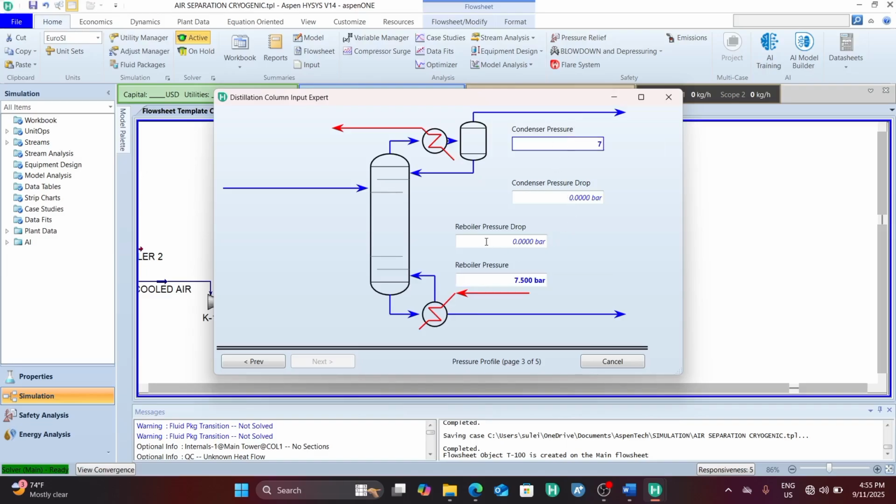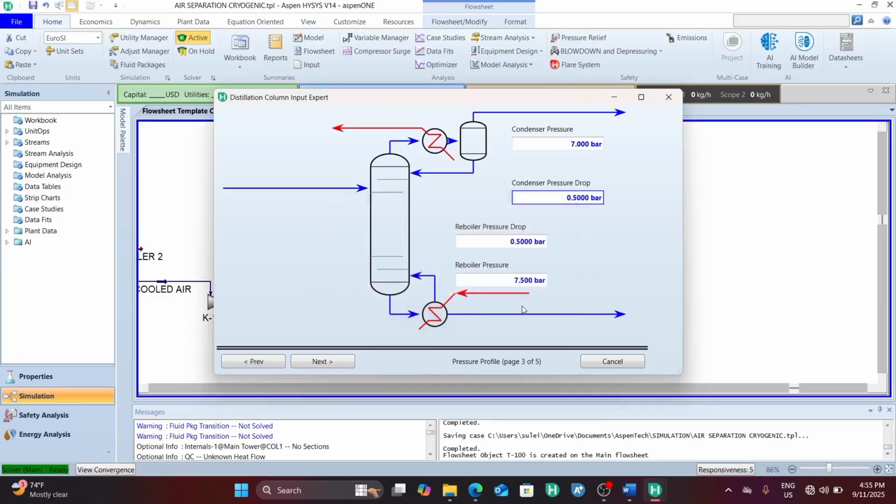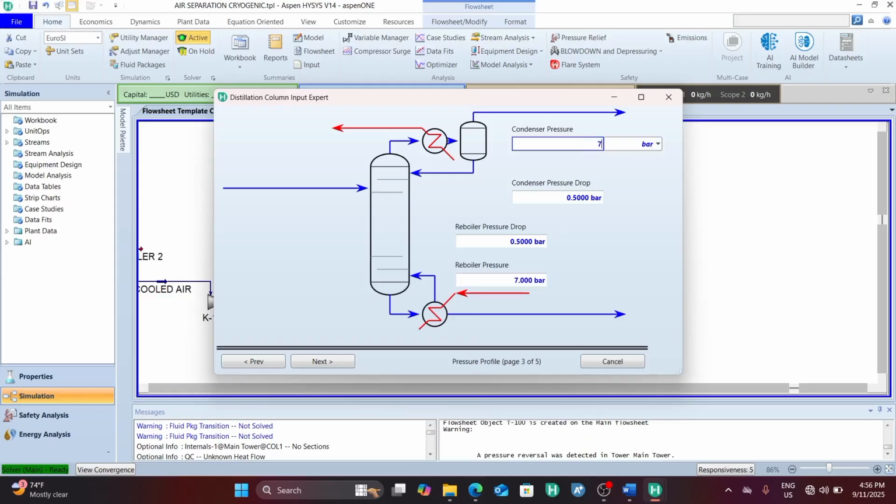Remember, we're going into the distillation column at 8 bar. Let's specify a pressure drop of 0.5 bar. Pressure reversal detected. I think it's the other way around. 7.5 bar. Good, to avoid a reverse.